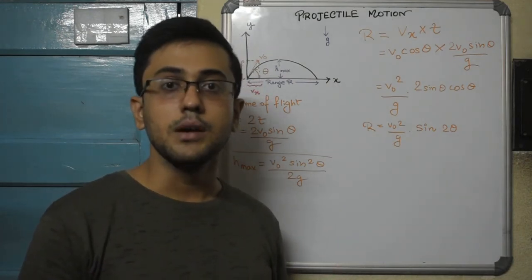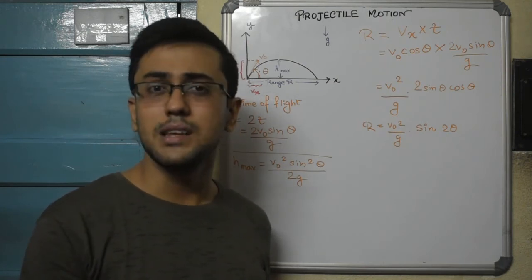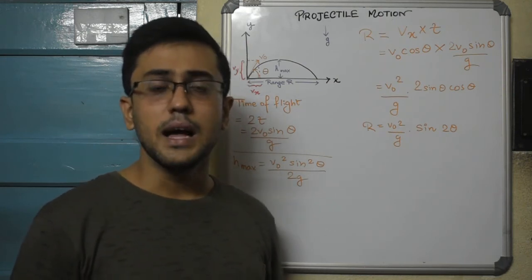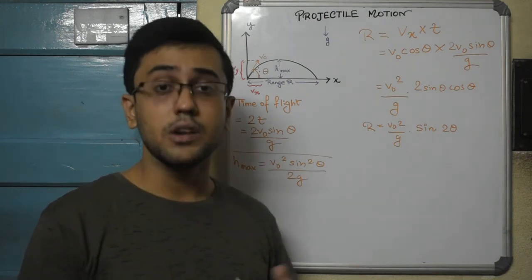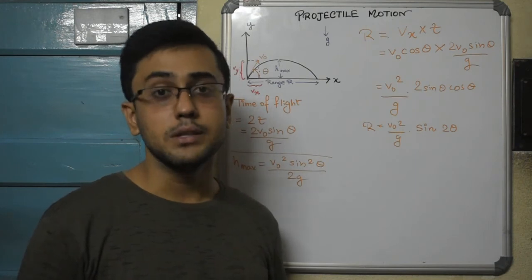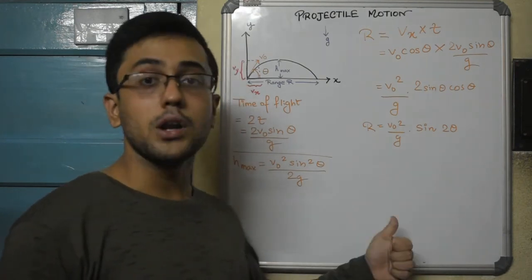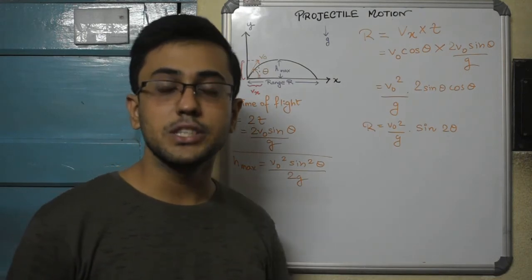In plus 2 there are a lot of derivations, both in class 11 as well as in class 12, and while those derivations are difficult and intriguing for some students, some other students find them really interesting, motivating and challenging. So this is one of those derivations which is really very challenging and motivating.